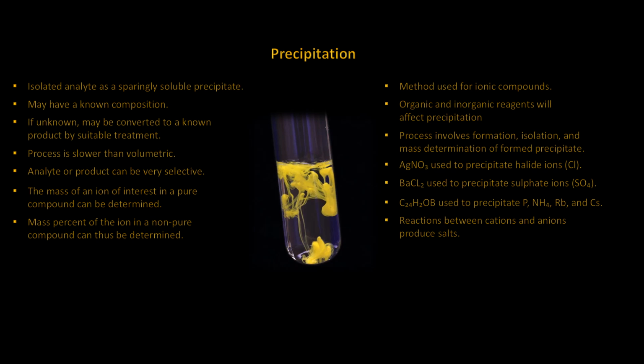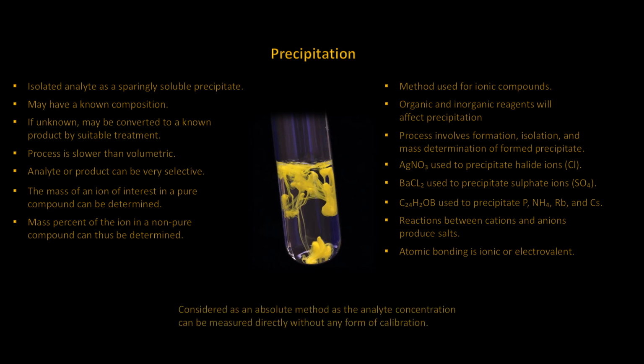All of these reactions will produce salts in the form of a precipitated compound. The atomic bonding is therefore ionic or electrovalent. The method used for the precipitation is considered as an absolute method, as the analyte concentration can be directly measured without any form of calibration.